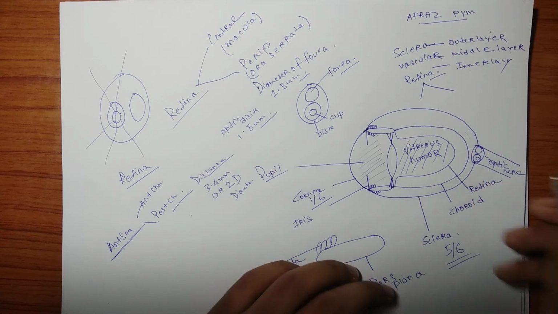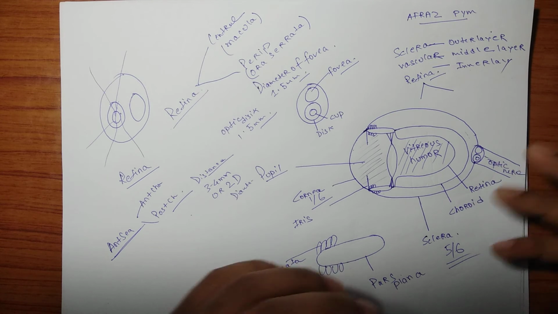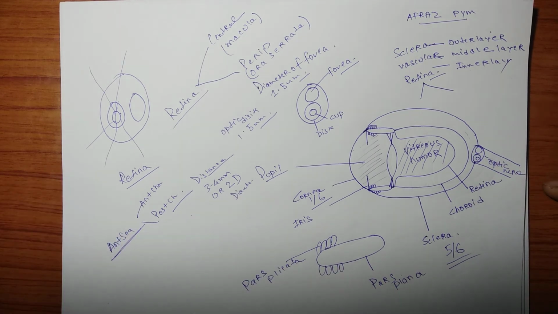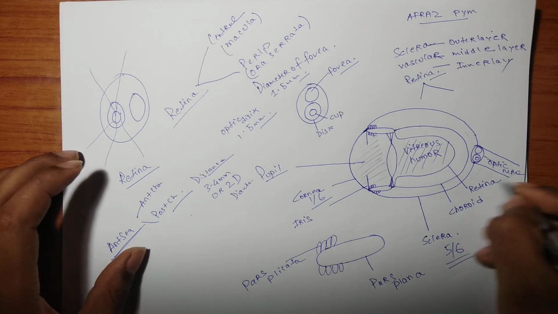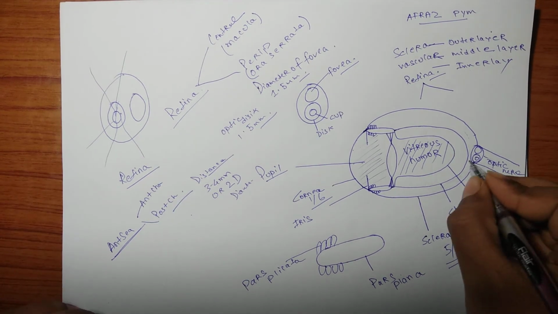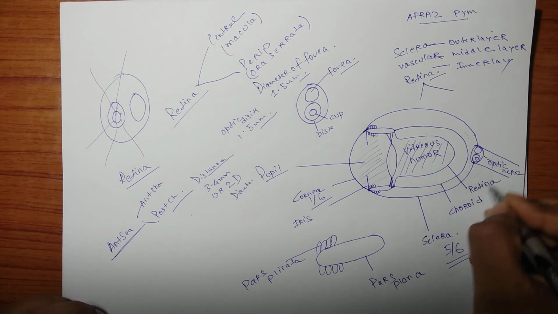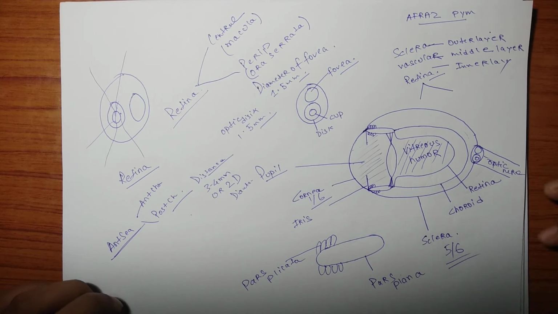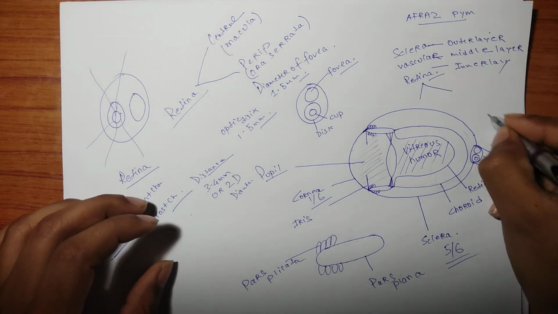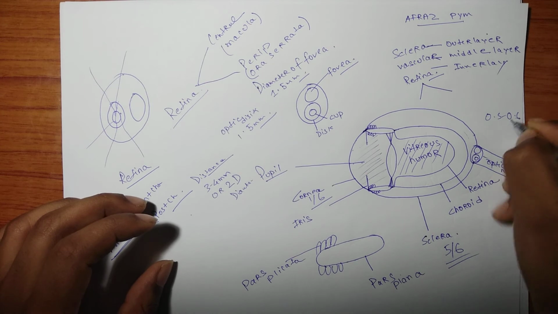What you are seeing, this optic cup and optic disc, in short I'll say there's actually no importance. It's just like a pathway to allow the optic nerve to go on, right? So remember the ratio is 0.3 to 0.6, okay?